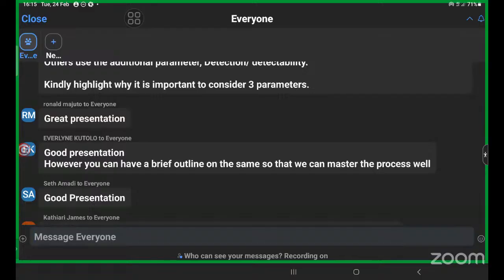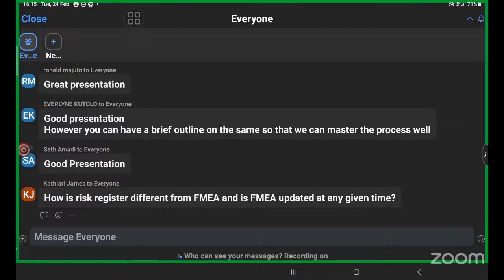Therefore, it's important to consider all three. Yes, there are parameters that you can eliminate, like detection. There are things that are detected and some of them are not detected. What about detection? How many of them are being detected? They are severe, but they are not detected. So it's important to consider all three, to give the risk priority number the weight it deserves.